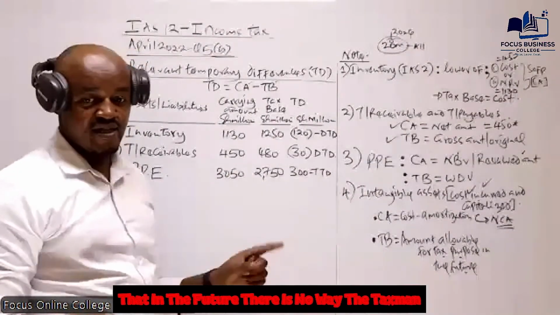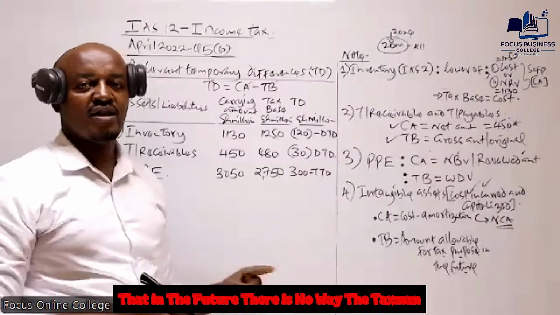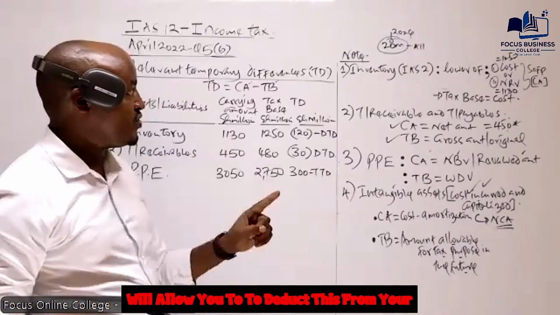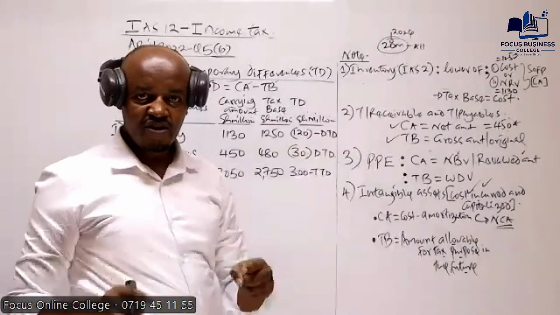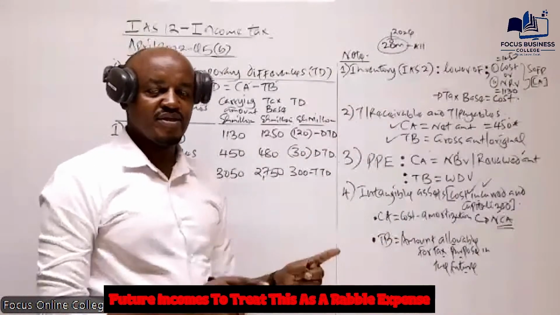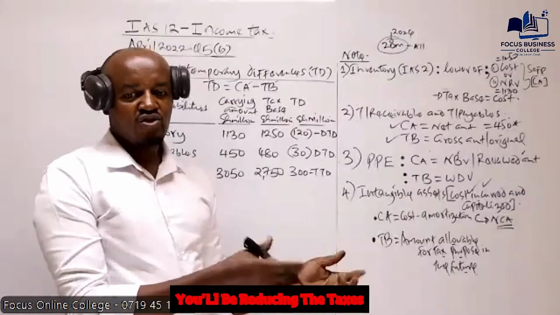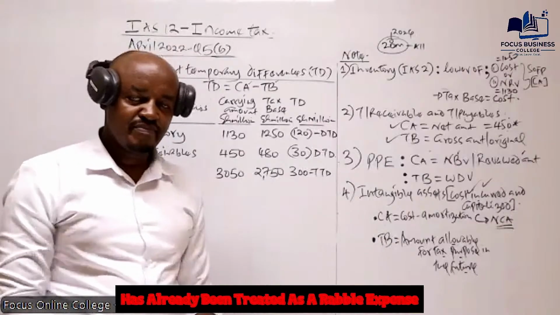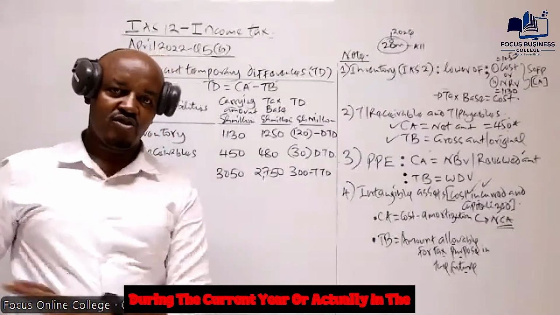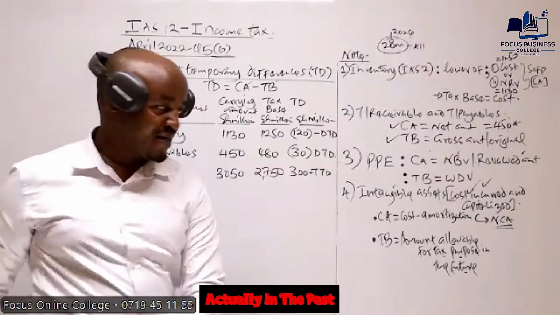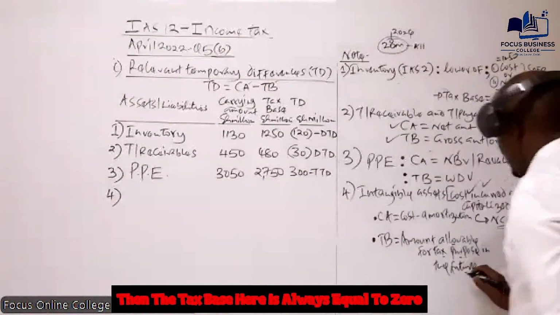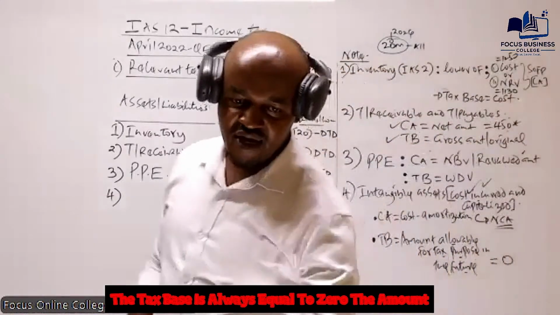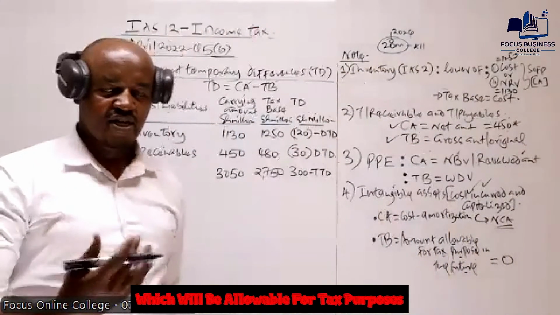Now, it is obvious that in the future, there is no way the taxman, the Kenya Revenue Authority, will allow you to deduct this from your future incomes, to treat this as allowable expense again, because by doing that, you will be reducing the taxes you are paying to the government. So if you're told the amount has already been treated as allowable expense during the current year or in the past, then the tax base here is always equal to zero. The amount which will be allowable for tax purposes in the future will be zero.